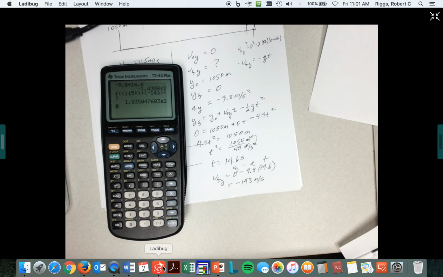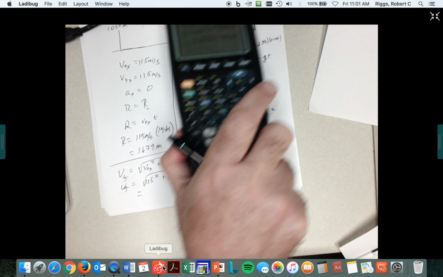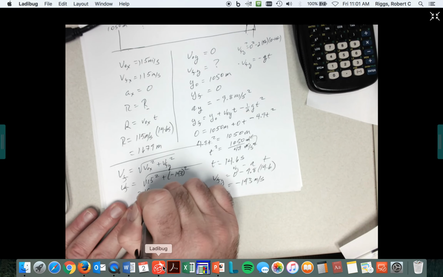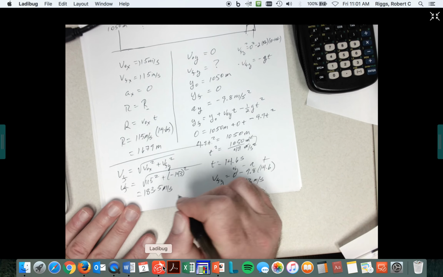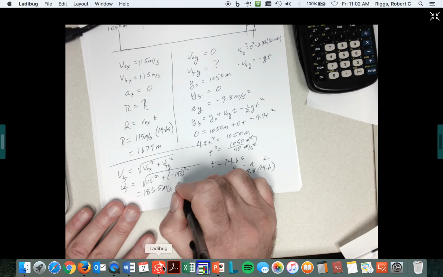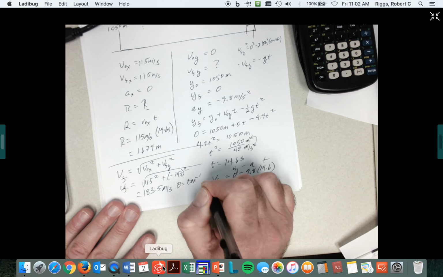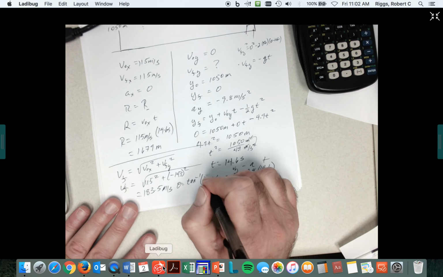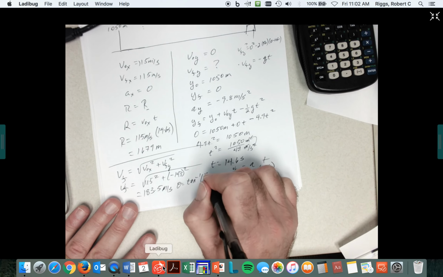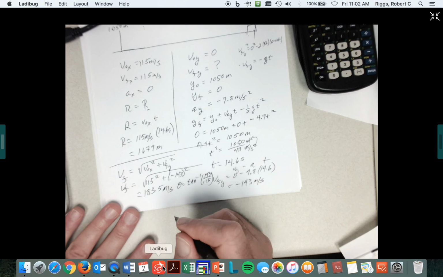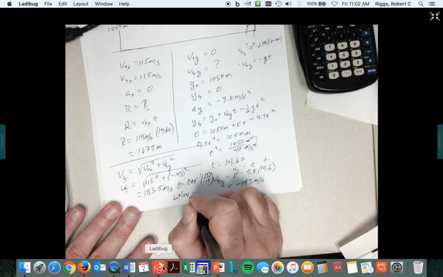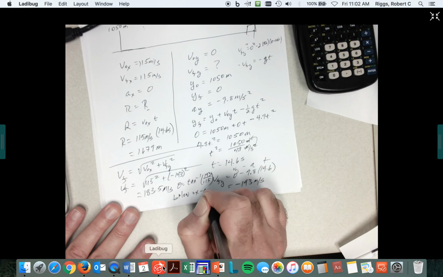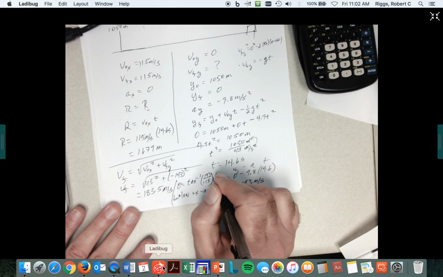It's 183.5 meters per second, and we could find the angle would be the inverse tangent of 143 over 115, but we know this is going to be below the positive x-axis, that's your direction.